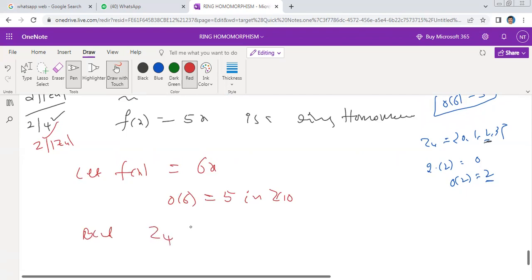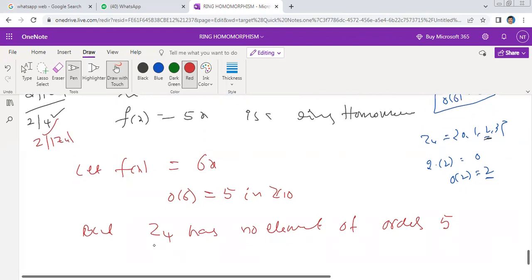But Z4 has no element of order 5. Why? The group order is 4, so is an element of order 5 possible? When the order of Z4 itself is 4, can it contain an element of order 5? So Z4 has no element of order 5.